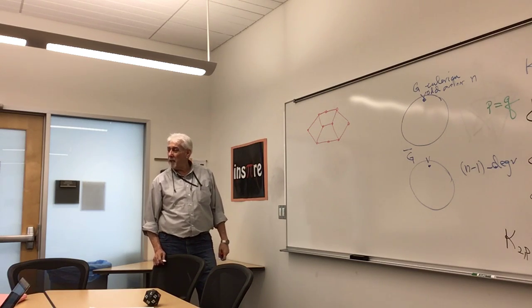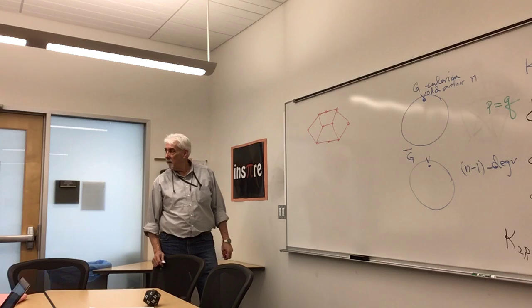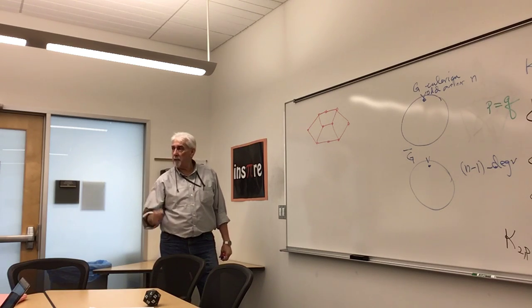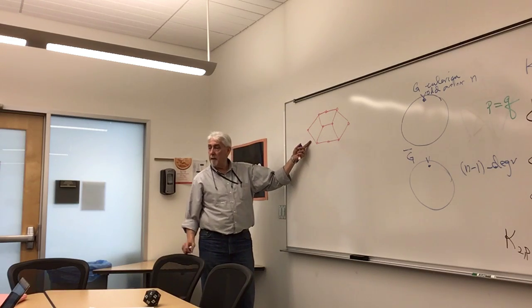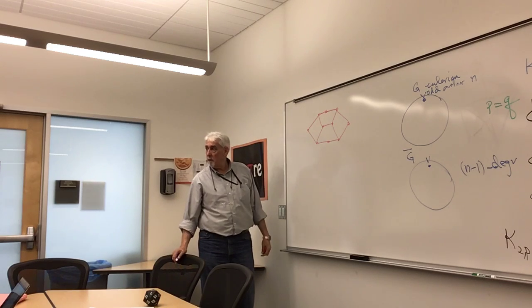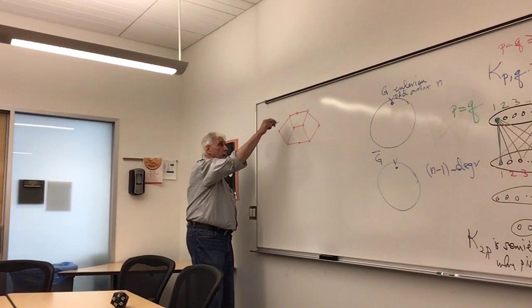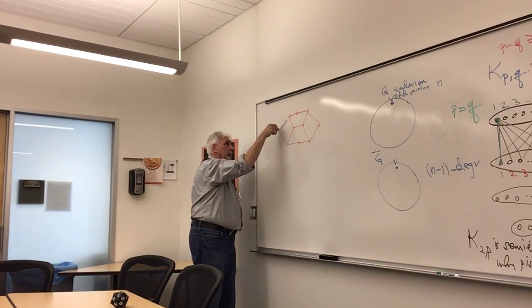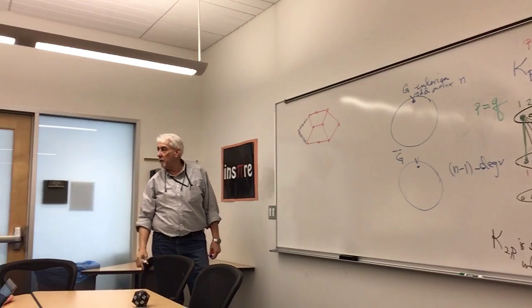So if it's Hamiltonian and I have a vertex of degree 2, then what can you tell me must be the case? If this is Hamiltonian and I have many vertices of degree 2, what can you tell me about those edges? Okay, so this edge and this edge must be on the Hamiltonian cycle.